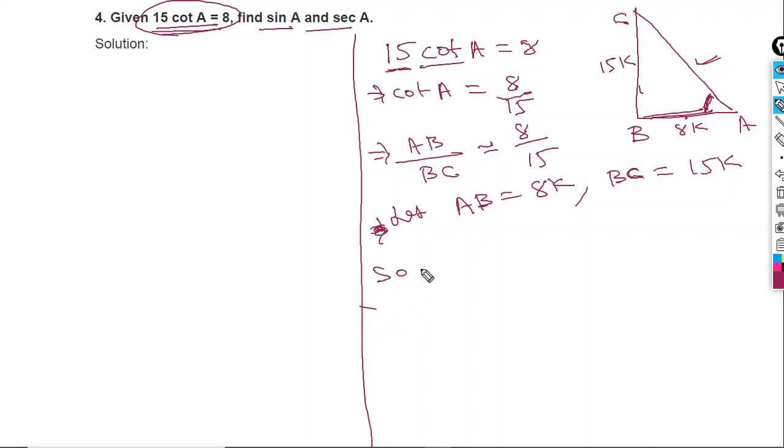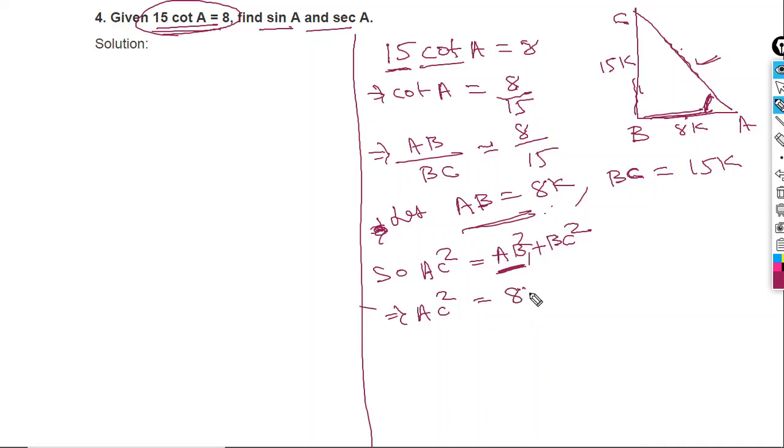So AC square, as it is a right angle triangle, AC square equal to AB square plus BC square, as AC is the hypotenuse. Now, look at the figure, we have written AB equal to 8K.